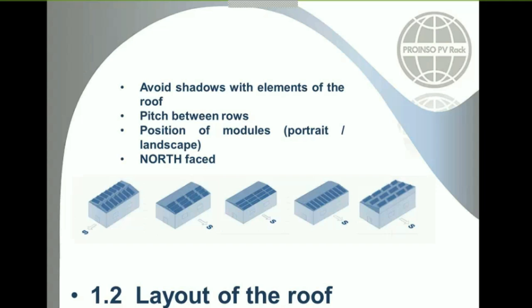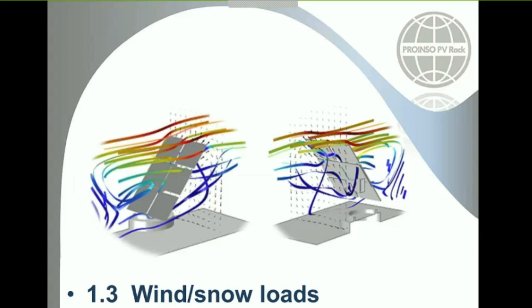And the position of the modules could be in landscape or in portrait. Obviously, in portrait, where we take the length of the module, we need more pitch between rows because the shadow will extend for more distance. Remember again that the modules always have to face north.